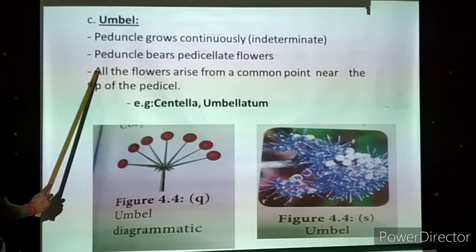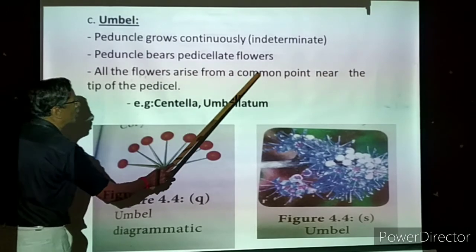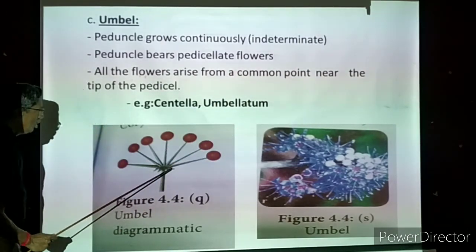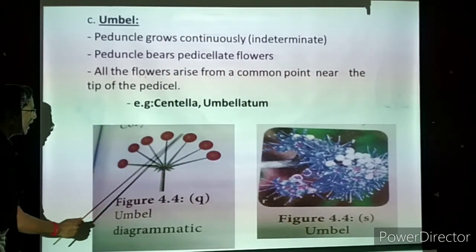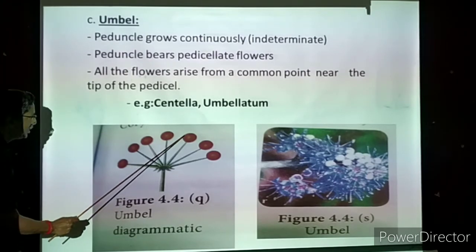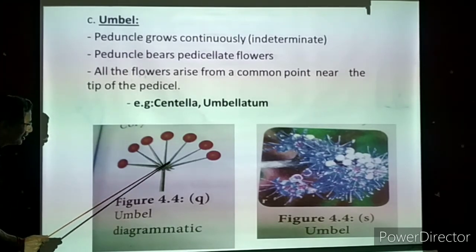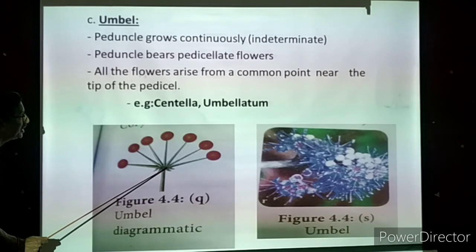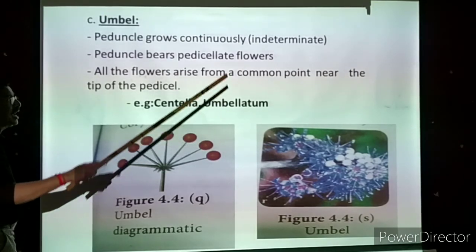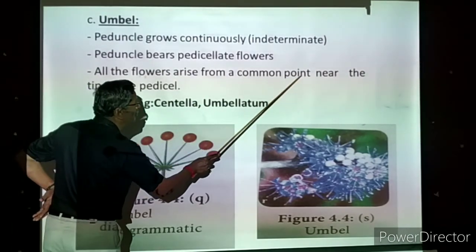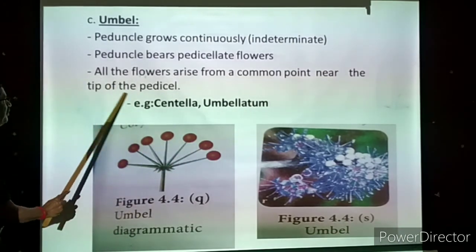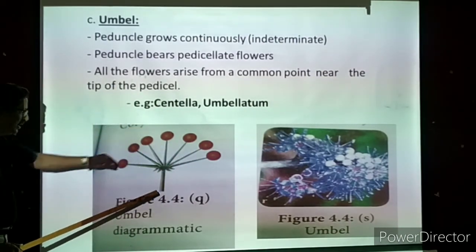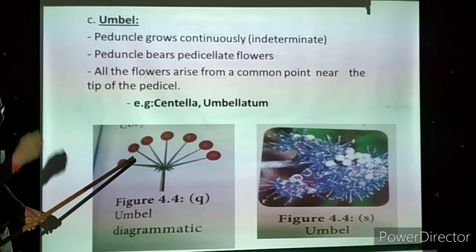All the flowers arise from the common point. For example, in the diagram, 7 flowers are there. All the 7 flower stalks are arising from the common point here. The common point is not at the tip of the peduncle, but near the tip.